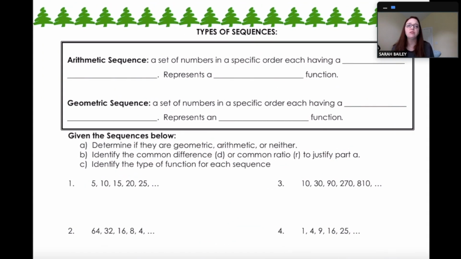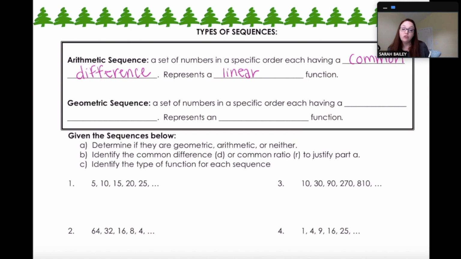So there are two types of sequences we just talked about, arithmetic and geometric. Arithmetic is a set of numbers in a specific order, each having a common difference, and it represents a linear function when graphed.